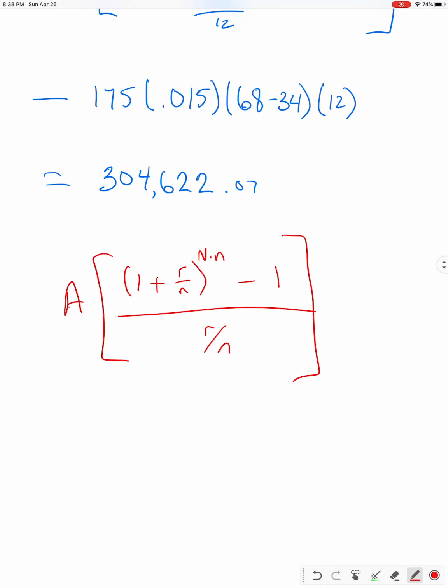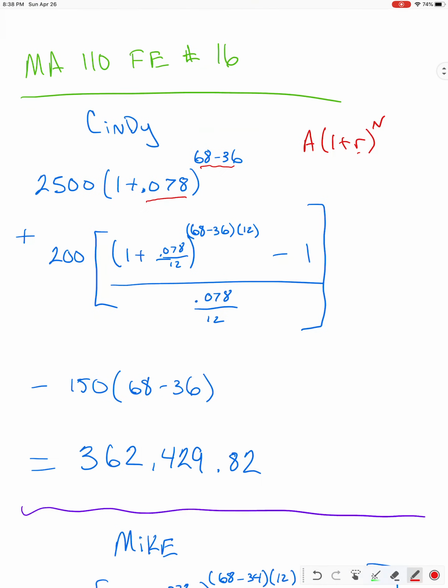And the reason we have this part here is if we're given an APR, that's annual percentage rate, per month we have to divide that by 12 to get the per month. That's the idea. Okay, so I plug that in.